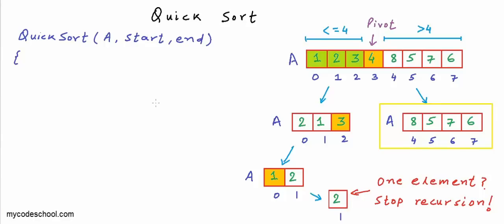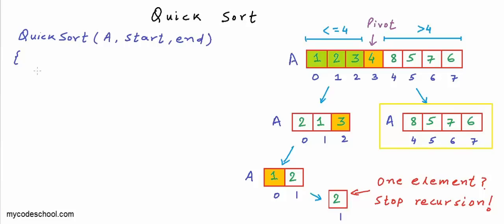What we want to do is use the same array. We want to keep on passing the same array, and we just want to mark the boundaries of the segment that we want to work upon. Initially we will call the quicksort function passing it start index 0 and end index length - 1, so we will pass the whole array. Things will be clear when I write the body of this function.